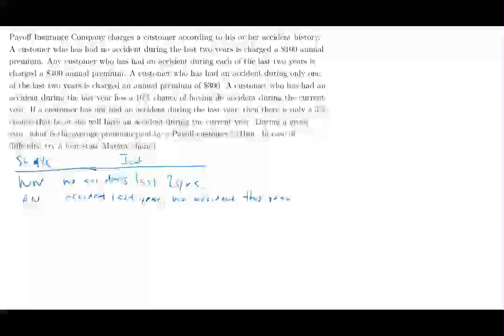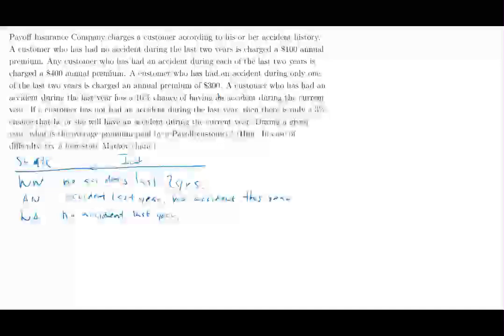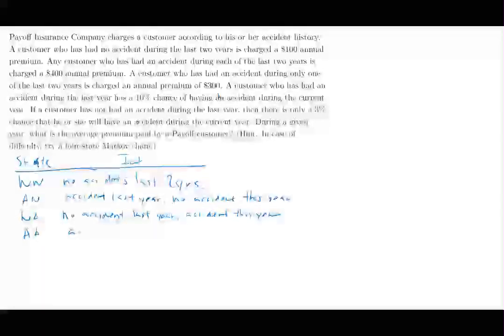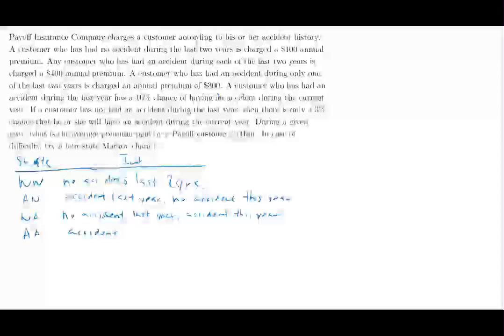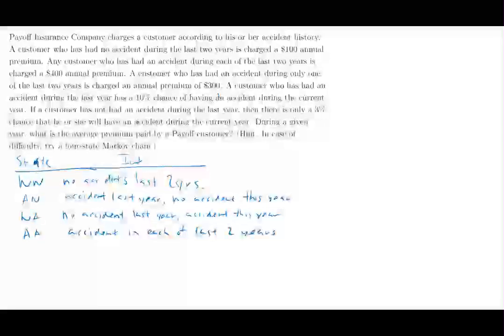And then I could then have NA. This is no accident last year, accident this year. Okay, and then you have AA, accident in each of last 2 years. Okay, those are my 4 states, right?